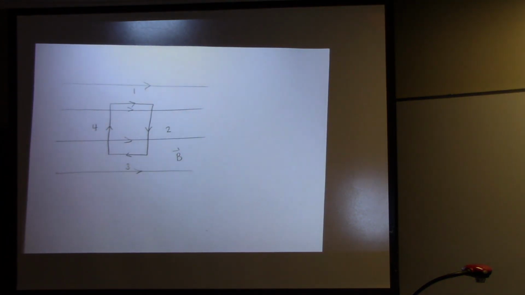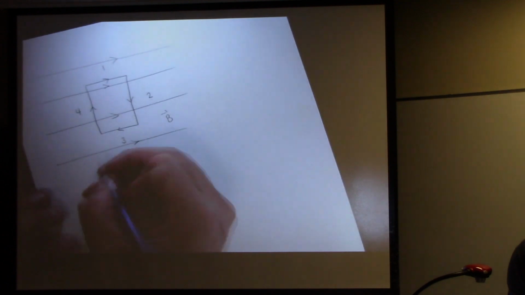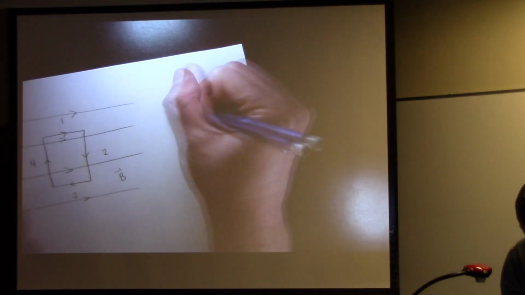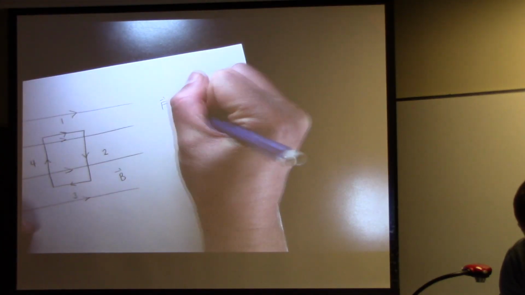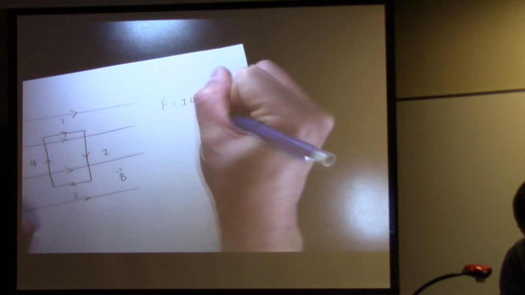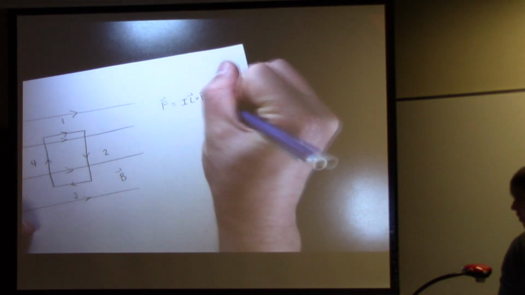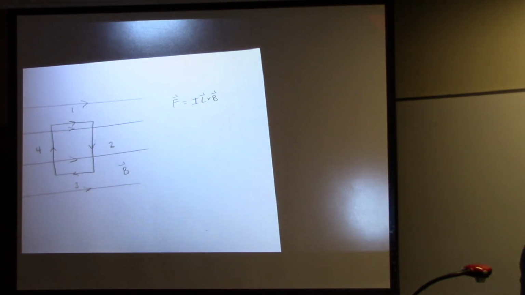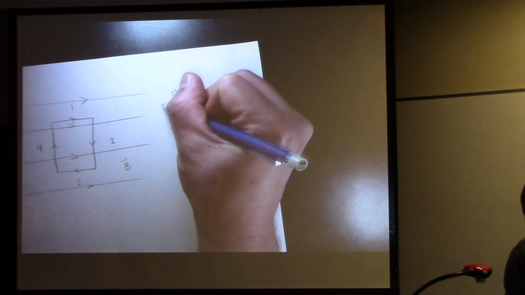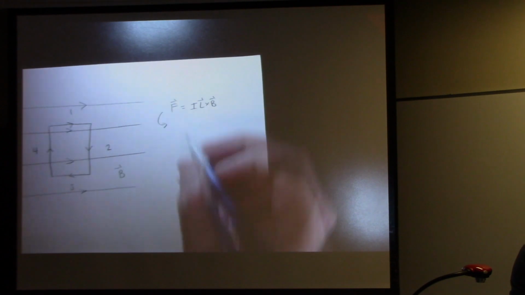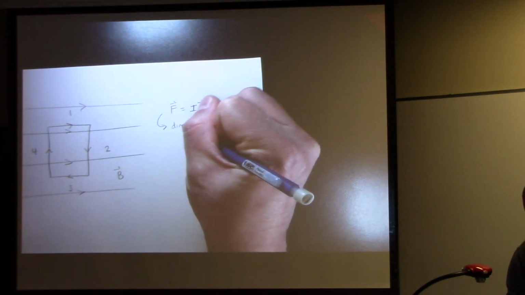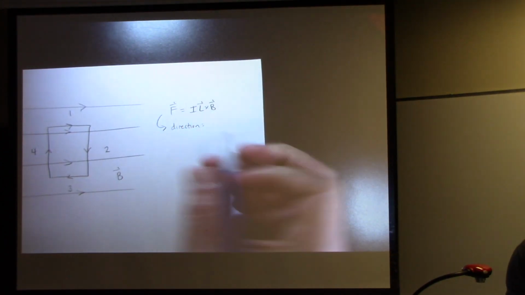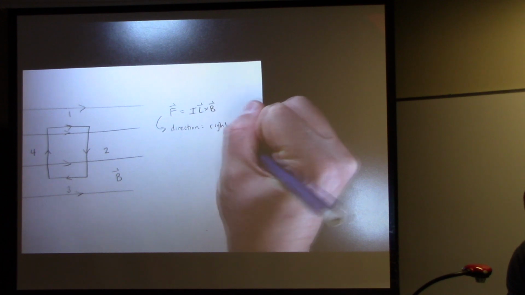For each one of these segments of wire, the force is equal to I times L cross B. The force is given by a cross product, and that means we can break it into two pieces. There is a direction to this force, which is given by the right-hand rule.